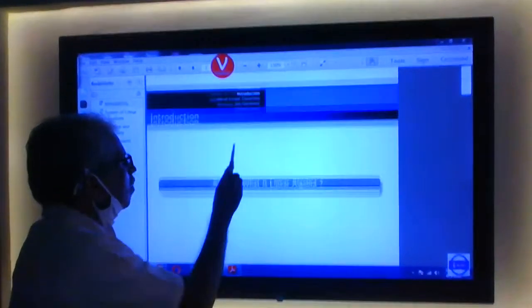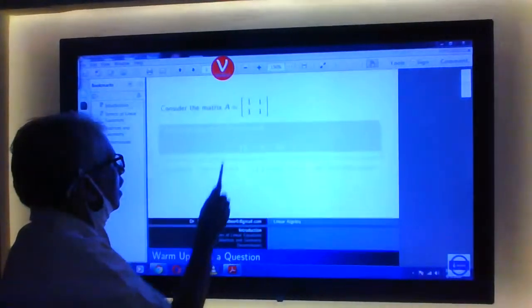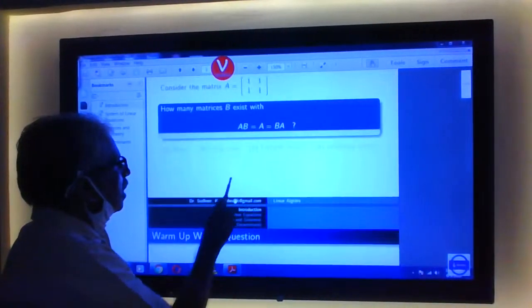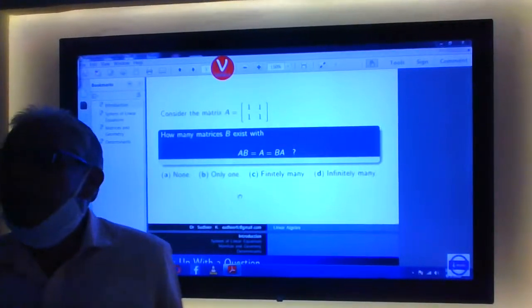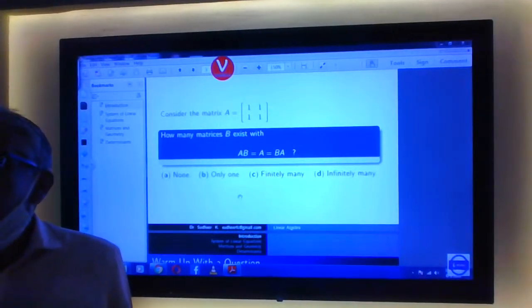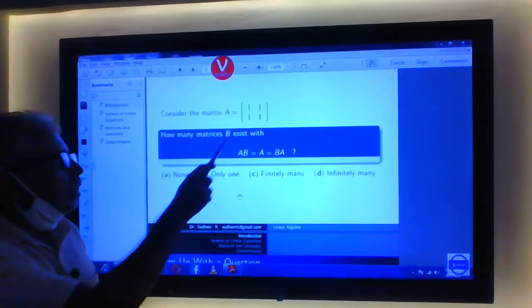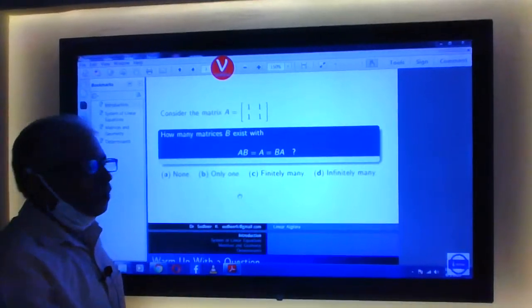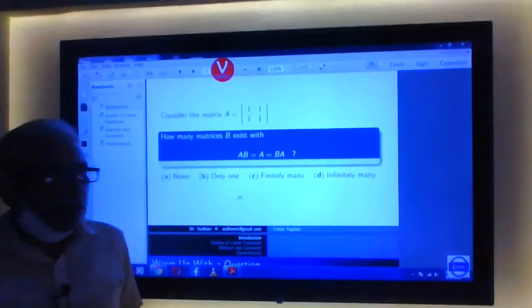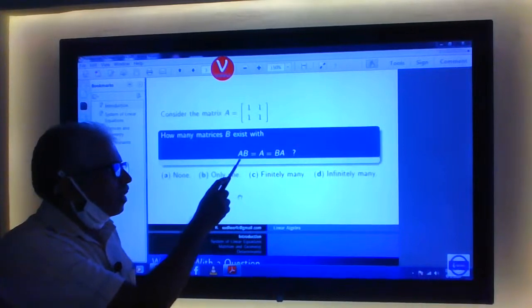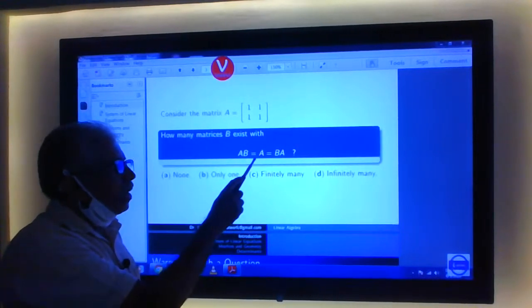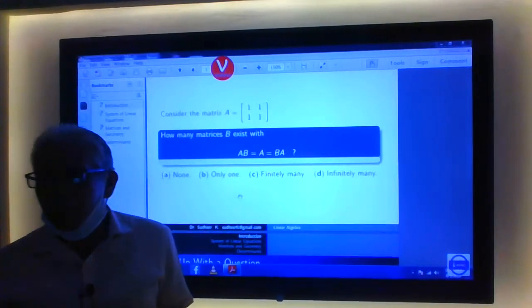Let us start. I'll ask you a very simple question. First, you consider the matrix A, which is a 2 by 2 matrix with all elements 1. The question is, how many matrices B exist with the relation AB equal to A equal to BA?